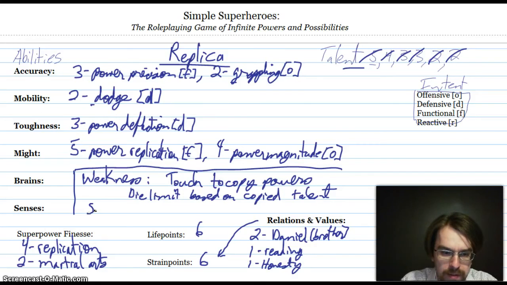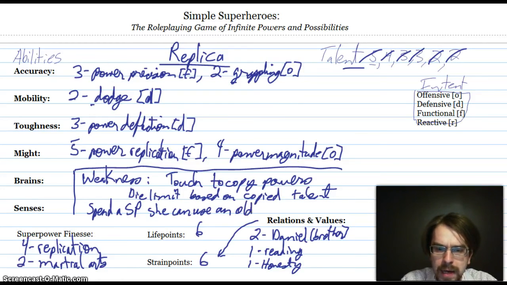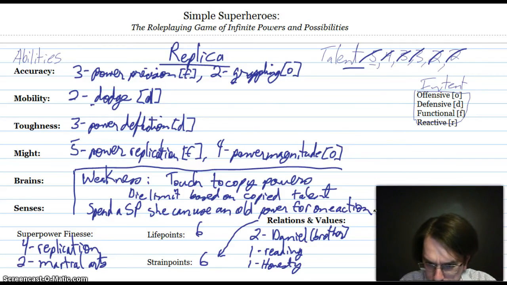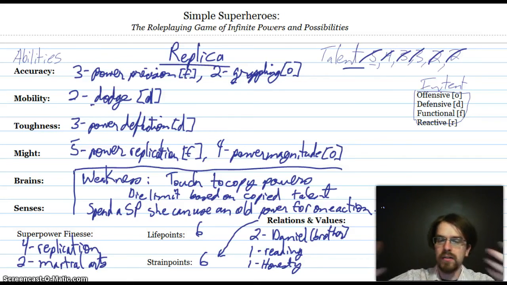So if she spends a strain point, which is SP, she can use an old power for 1 action. Now, narratively, I would also say when she spends that strain point, she can't reuse that old power again until she copies that person's power once more.